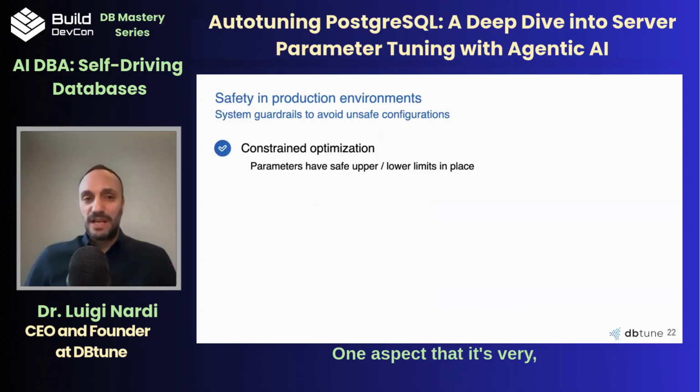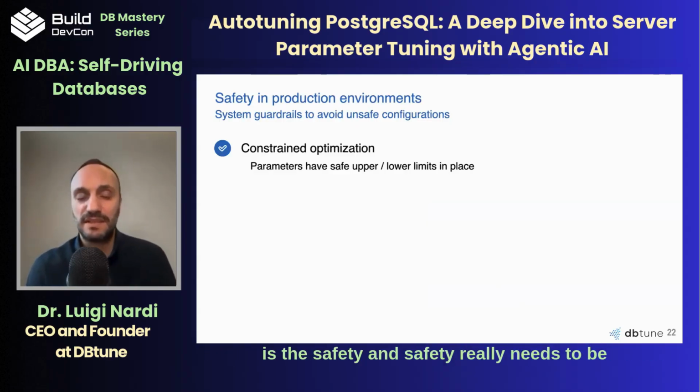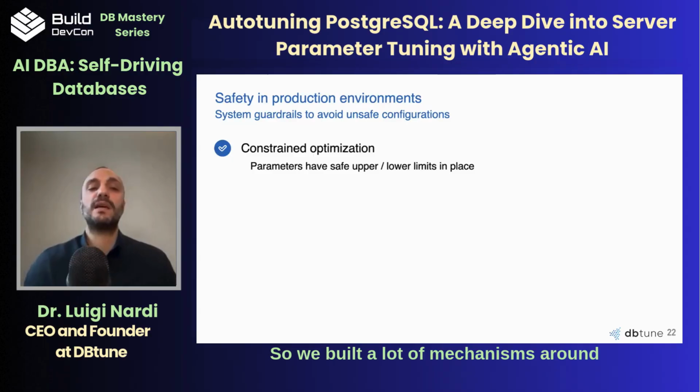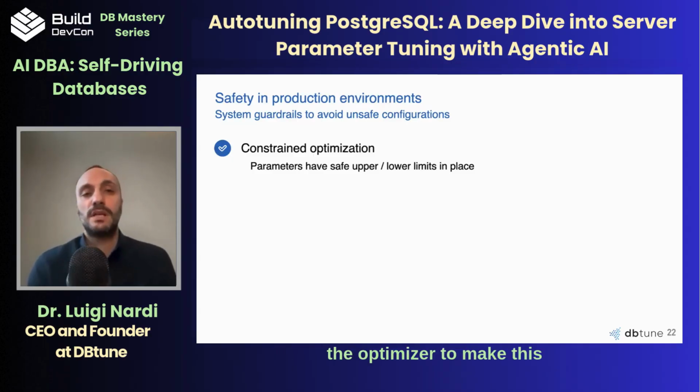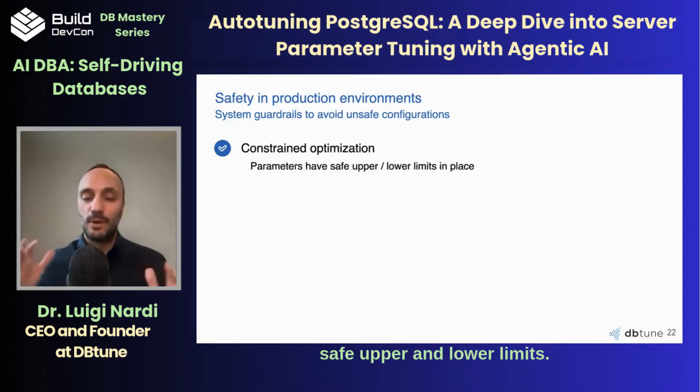One aspect that is very important when deploying agents in the real world is safety. And safety really needs to be built before the optimization. So we built a lot of mechanisms around the optimizer to make this process really safe. Parameters have very specific safe upper and lower limits.